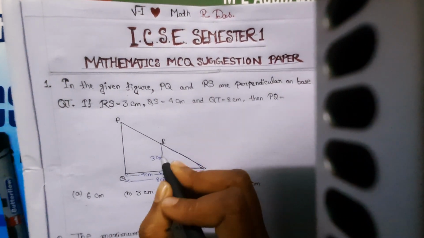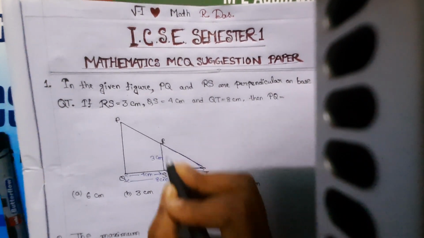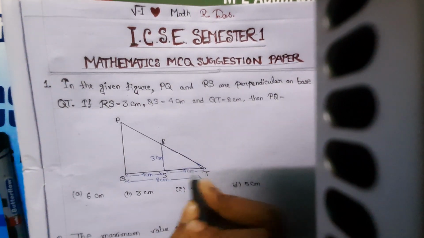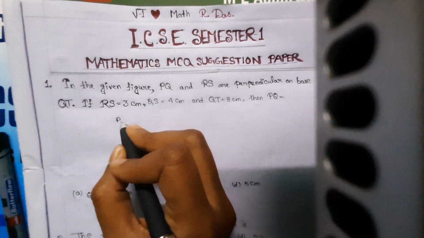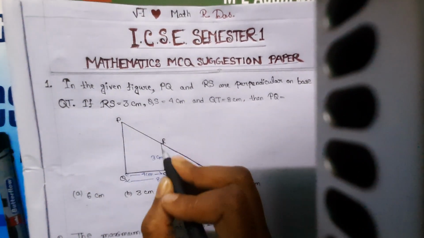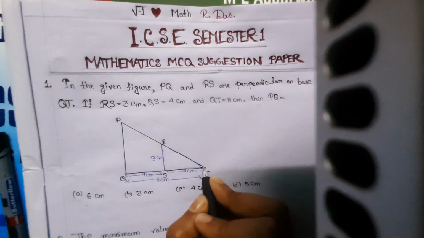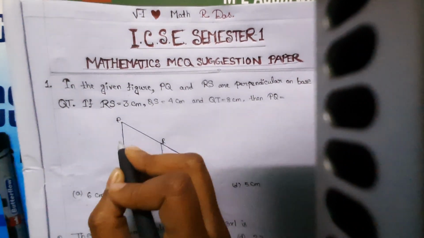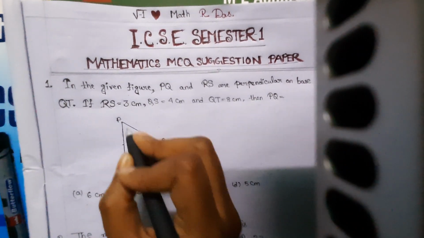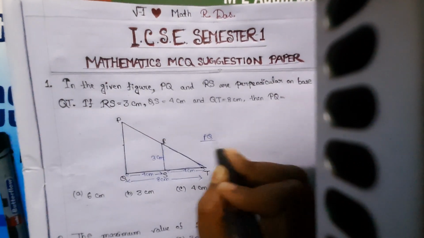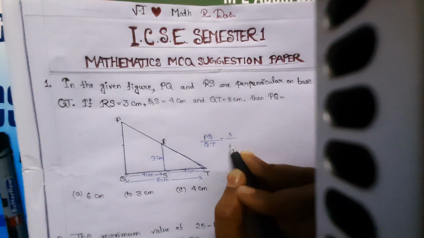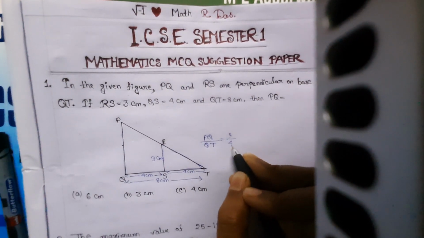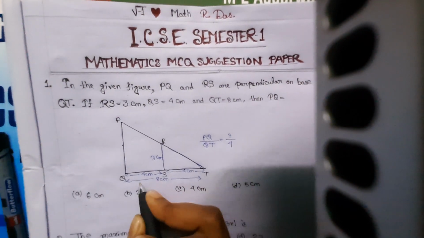For this triangle, the ratio of perpendicular and base is 3:4. Since the larger triangle and the smaller triangle are similar to each other, the ratio of this perpendicular PQ and the base QT must follow this ratio 3/4.